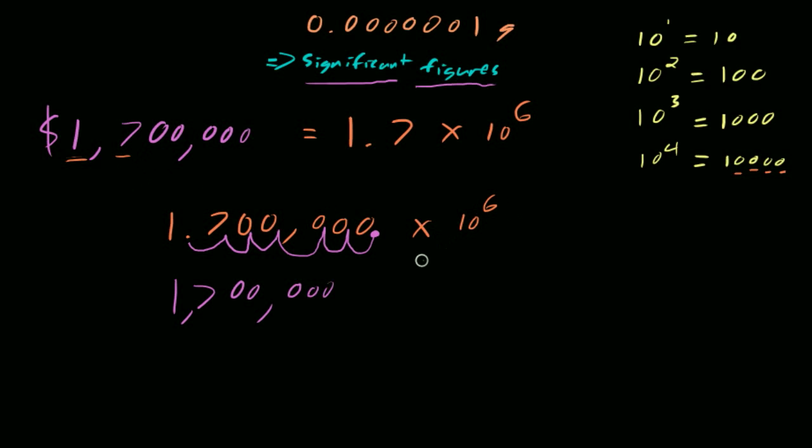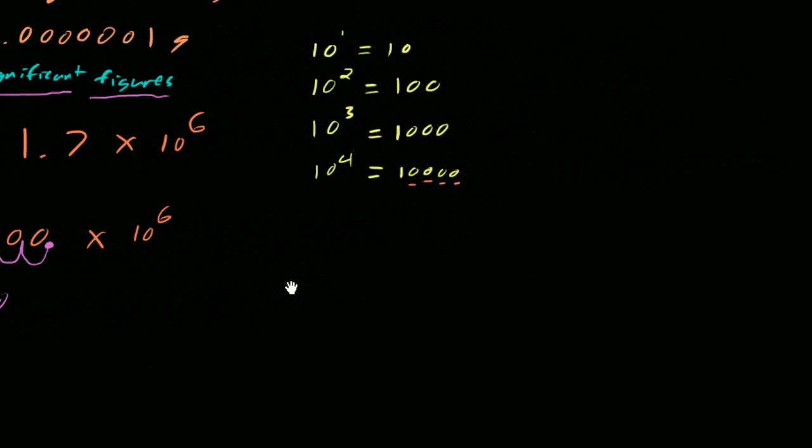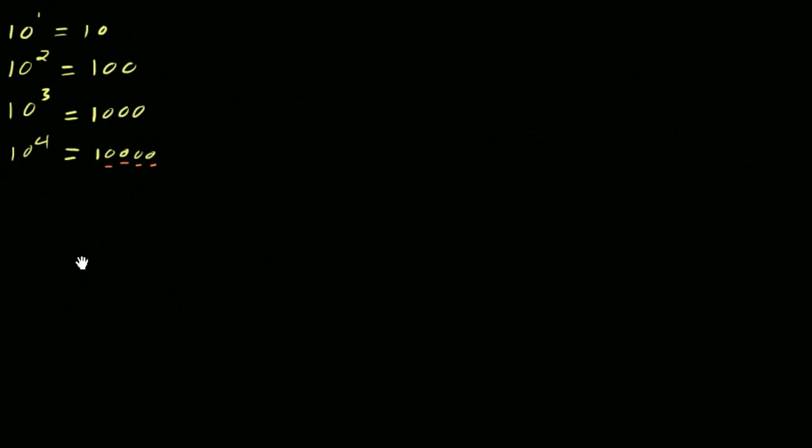So anyway, this might have seemed a bit trivial, but you can imagine one of the really important numbers in chemistry, and we'll definitely go into this more further on in the playlist, and I'll do a whole video explaining it, is Avogadro's number, which is 6.022 times 10 to the 23rd power.